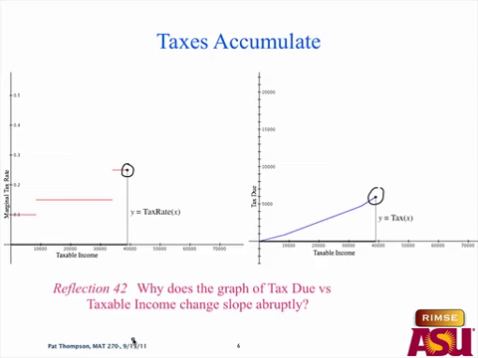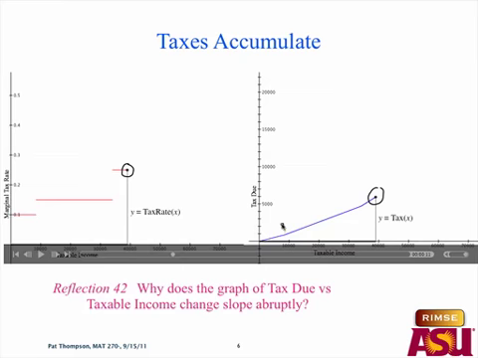So why does the graph of tax due versus taxable income change slope abruptly? It's a little bit tough to see, but for instance, it changes slope abruptly right about there, and then again right about there.